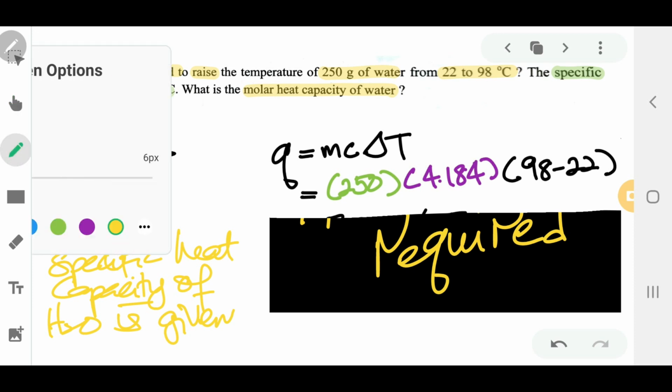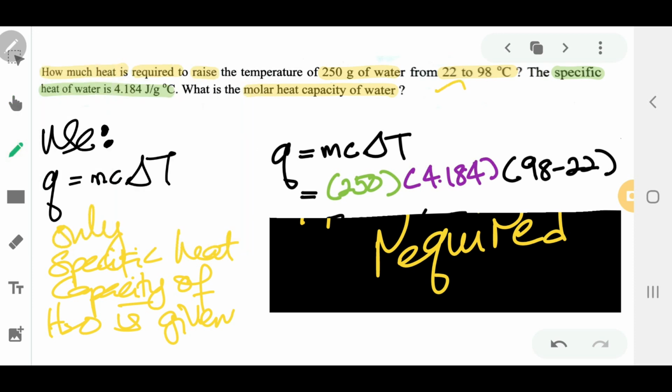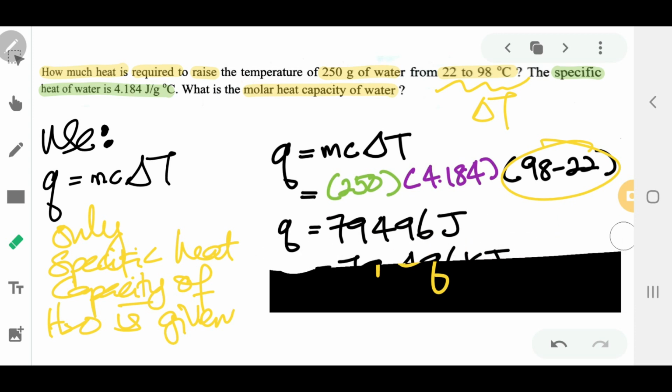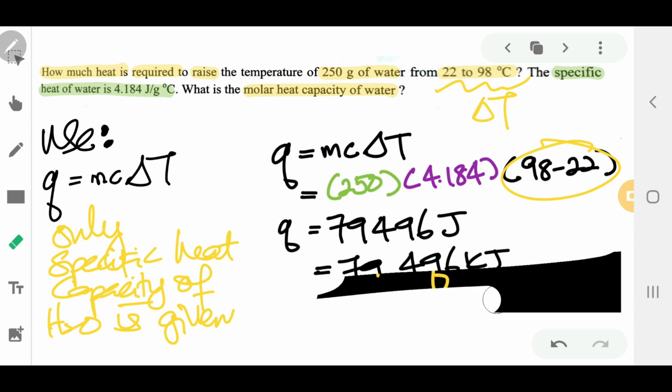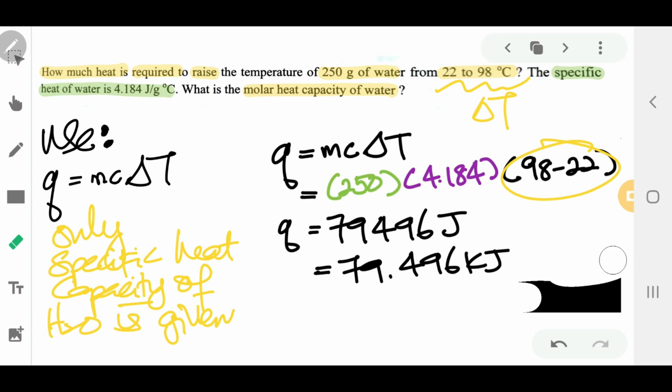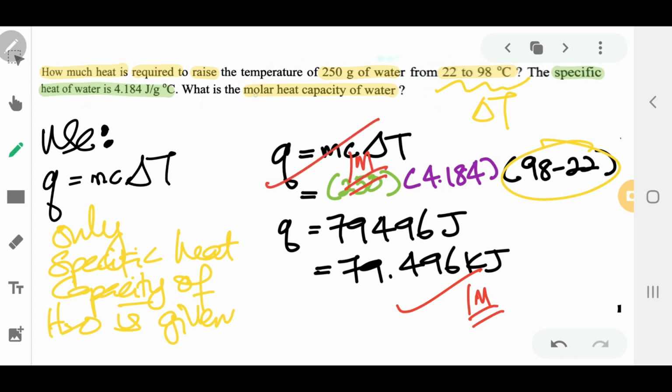You put it in there to get the Q value equals 79.496 kilojoule. So by doing this, you get 1 mark for your final answer, and then you get 1 mark for using the correct Q absorb equation.